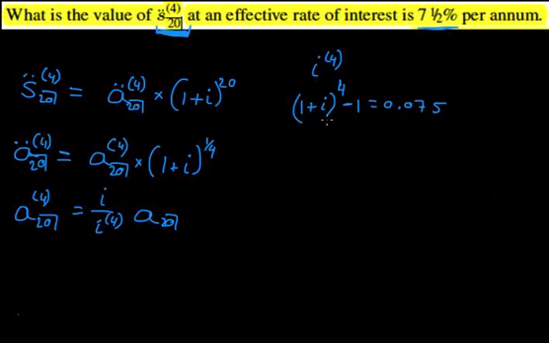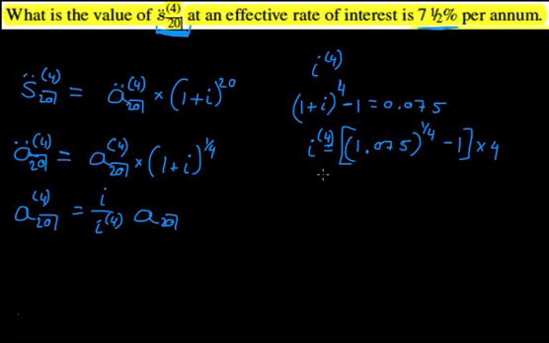So going backwards to get I by itself, it's then going to be equal to 1.075 to the power of a quarter minus 1. And that's going to be the effective quarterly rate, so then we'll just times it by 4. And that gives us that annual rate over there.